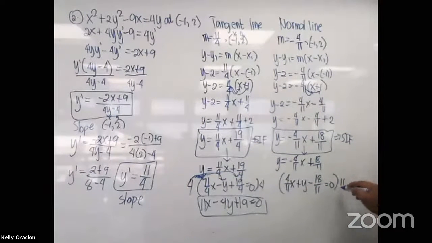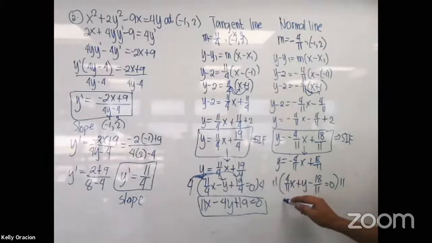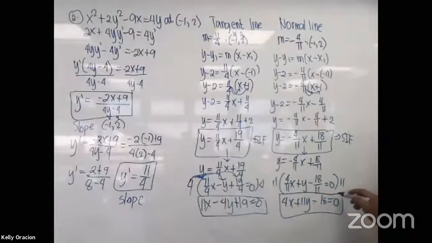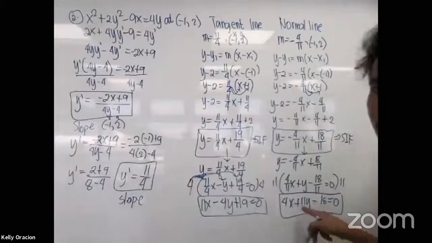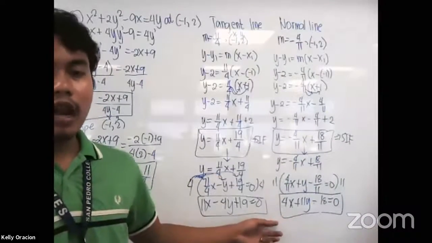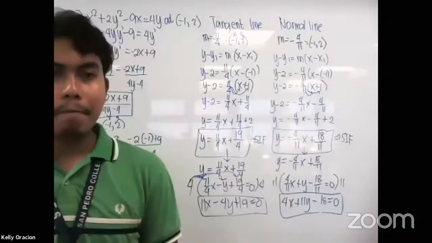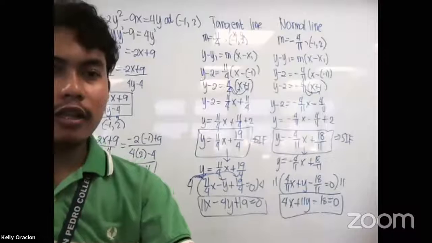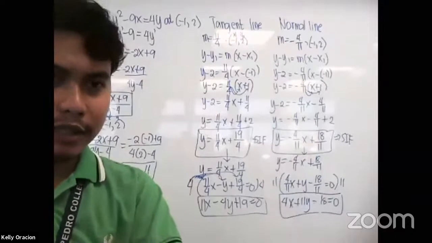And times both sides by 11. And this is now your answer. Okay? This is now the general form. Okay? The general form of this one. So kindly copy muna before we will proceed to my groupings.